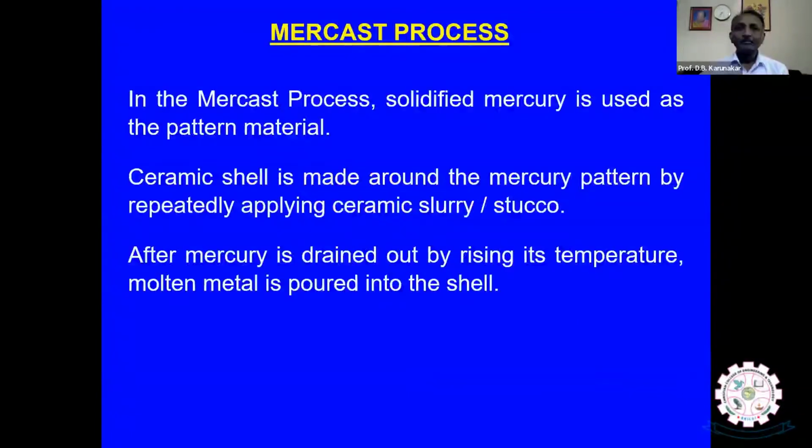Here, the wax is replaced by mercury. That's the one specialty. The remaining process is the same. So in this process, solidified mercury is used as the pattern material. Ceramic shell is made around the mercury pattern by repeatedly applying ceramic slurry and stucco. And after mercury is drained out by raising its temperature, molten metal is poured into the shell.